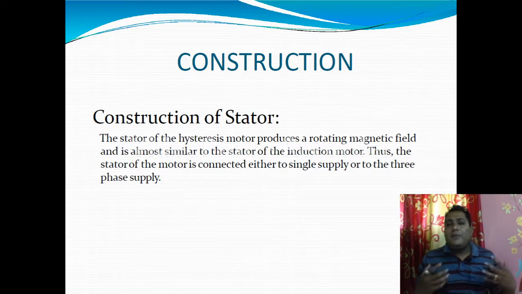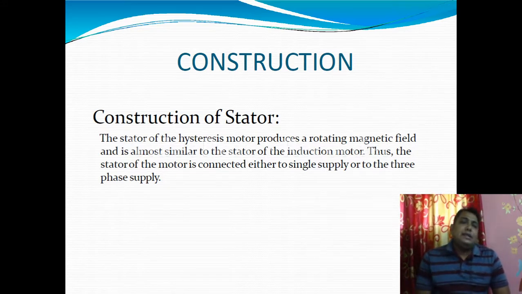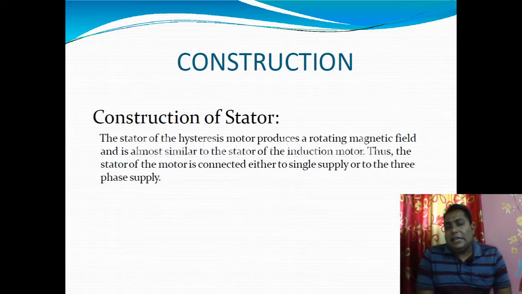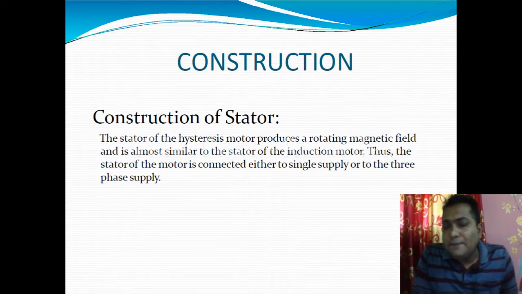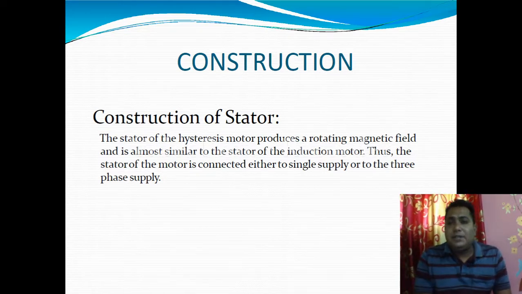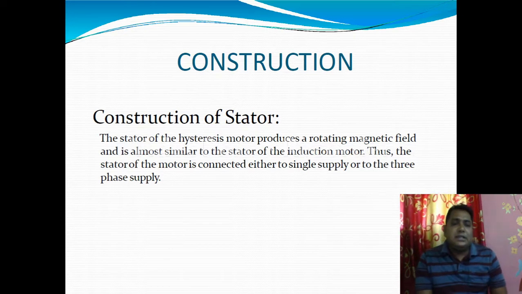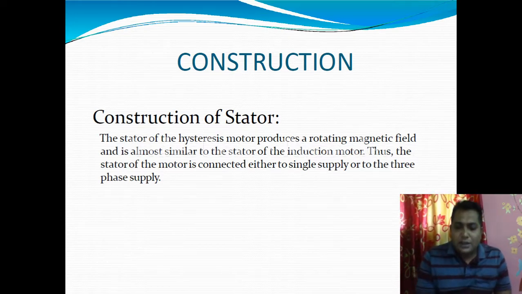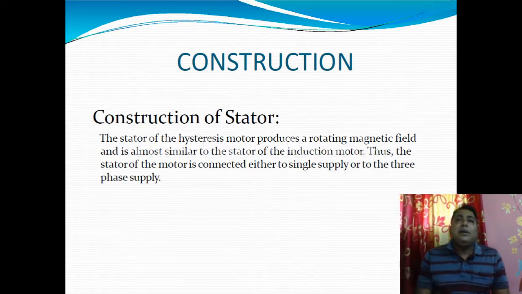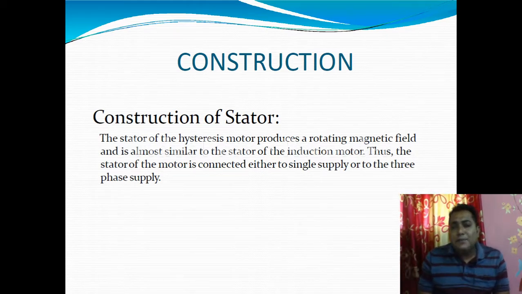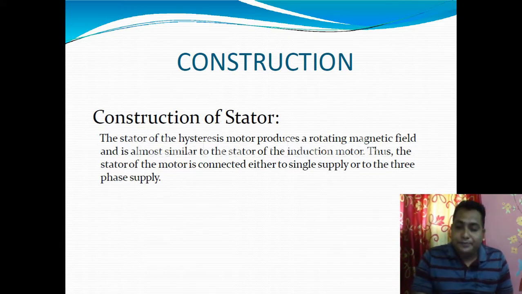That means if we give single phase supply, the construction may be of shaded pole or permanent capacitor type, and if three phase supply is given to the machine, then the stator construction is as per the three phase induction motor. So the point is we have to make the stator section in such a way that a rotating magnetic field is generated.